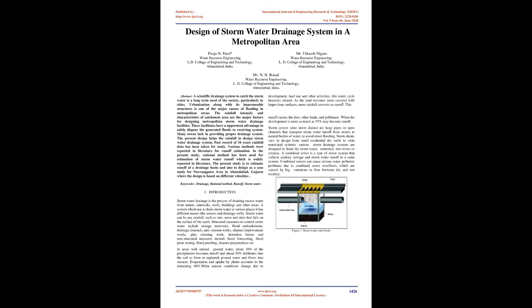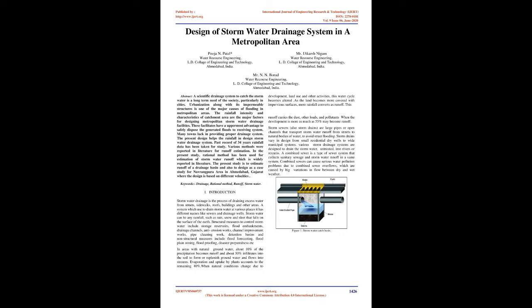Introduction. Storm water drainage is the process of draining excess water from streets, sidewalks, roofs, buildings and other areas. A system which is used to drain storm water at various places has different names like sewers and drainage wells. Storm water can be any rainfall, such as rain, snow and sleet that falls on the surface of the earth.